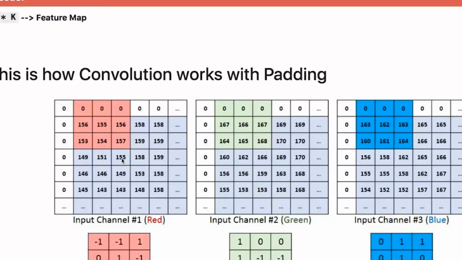But these edges will become part of the convolution only 1 time. So if in some image there are important properties at the edge of the image, that will be a disaster, because we are considering them only 1 time.